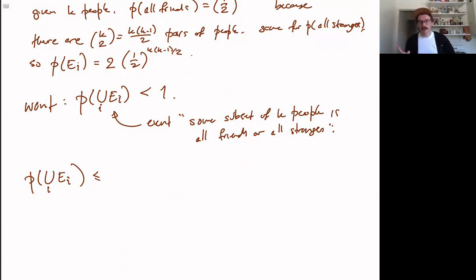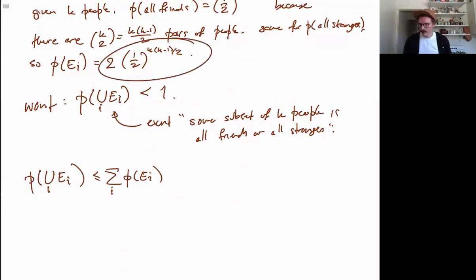If they are not disjoint, all you can say is that it is less than or equal to the sum of the probabilities. So in this case, they are not disjoint, so we don't know that this is equal, but we know that it's less than or equal. And now let's just write out the probability that we wrote here.